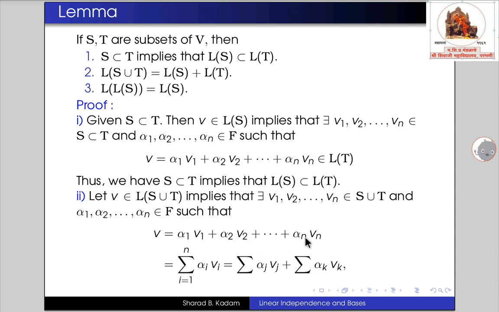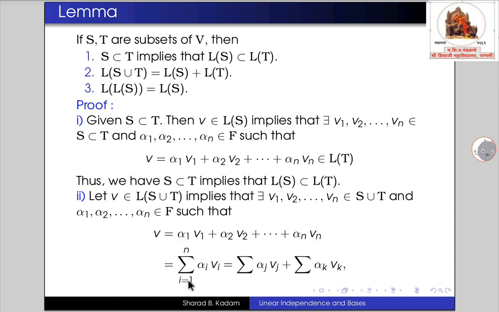Here v1, v2, ..., vn belong to the set S union T. That means some elements are in set S, some elements are in set T, and there will be some elements which are in both. So V is a linear combination of v1, v2, ..., vn.